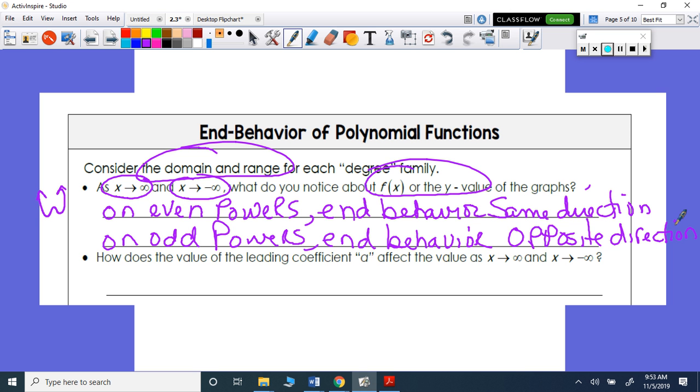What do you think the leading coefficient, the A value, does as x goes to negative and positive infinity? If we have a negative coefficient, what's it do to the graph? It flips it, right? So doesn't it change the end behavior? It changes the direction of the end behavior.